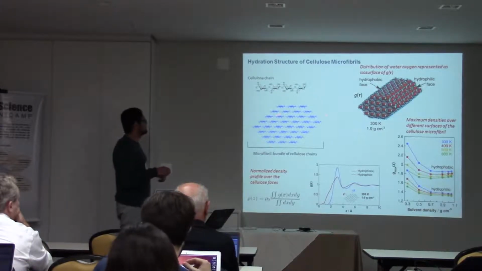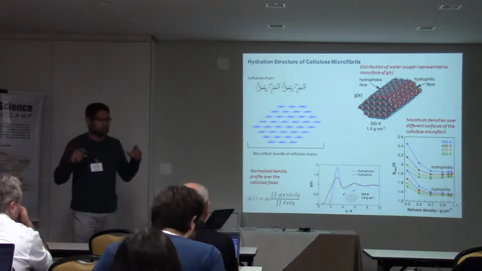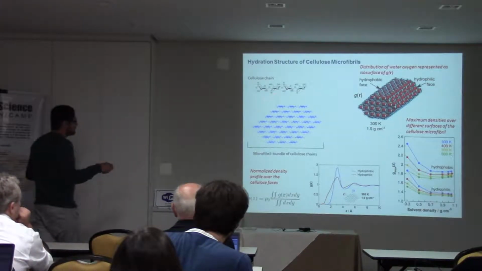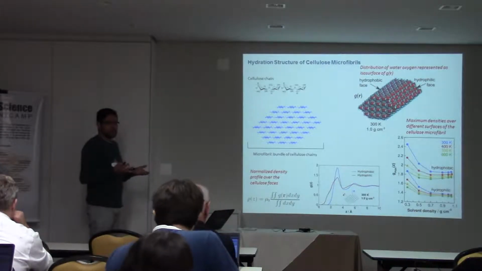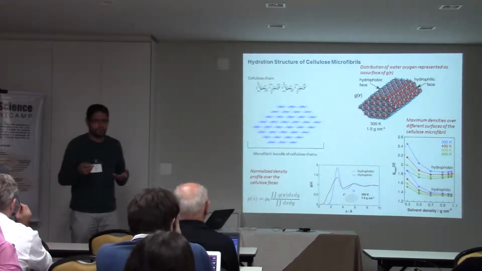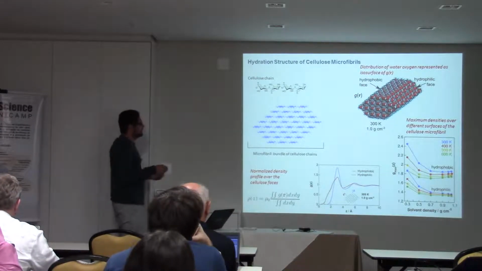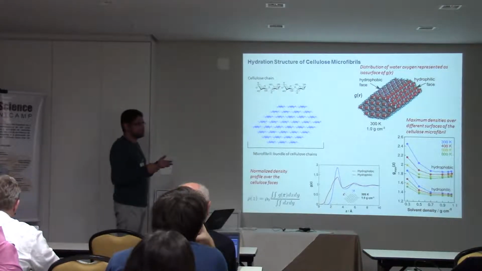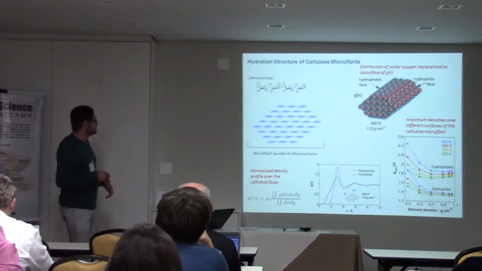It's 36 chains, and they pack together in a crystalline way and form these fibers. Here we have a hydrophobic phase. Although it's not strictly hydrophobic, it has fewer hydrophilic groups than these other phases. So we have essentially two kinds of phases in this kind of fiber.